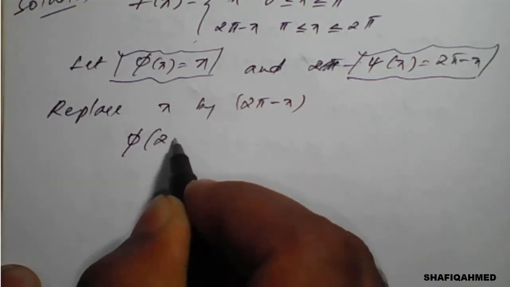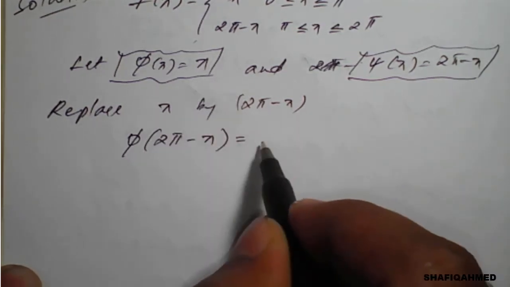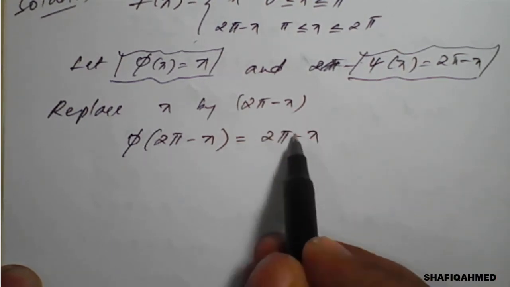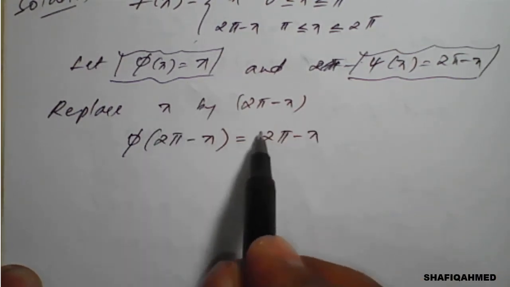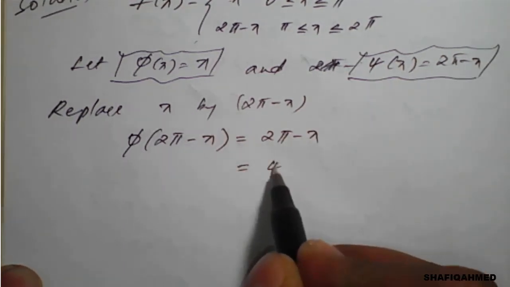So phi of 2 pi minus x is equal to, x will be replaced by 2 pi minus x here. After replacing, we are getting nothing but psi of x.